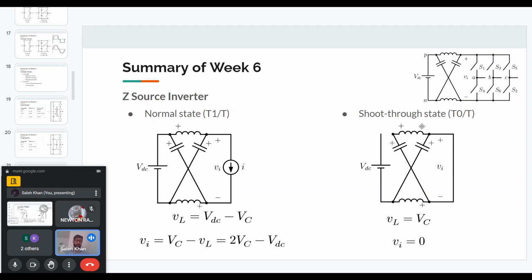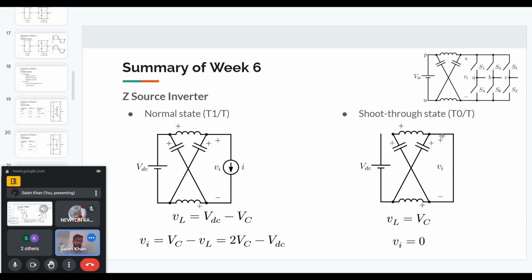But for a shoot-through state, where both switches of a half bridge are on, there will be no load current, and all the current will flow through the switches.